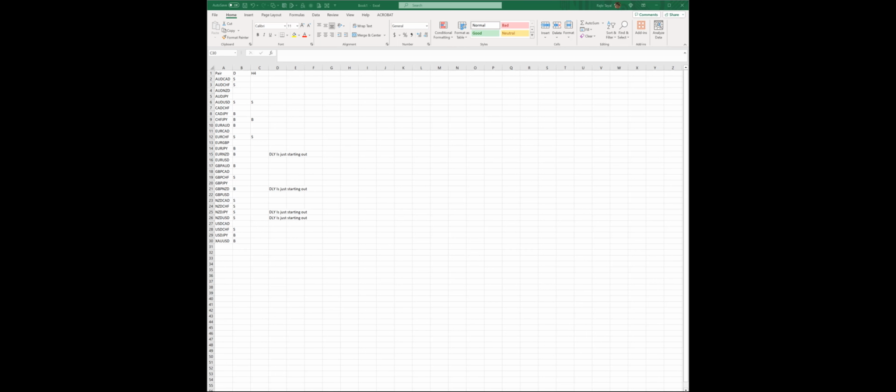Pound NZD. I know some people don't trade the NZD pairs because of the high spread. But you'll see the spread doesn't matter when you do this.